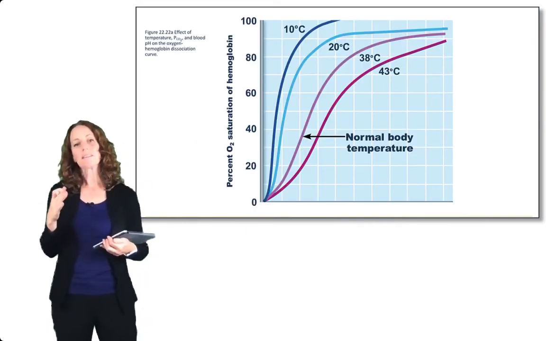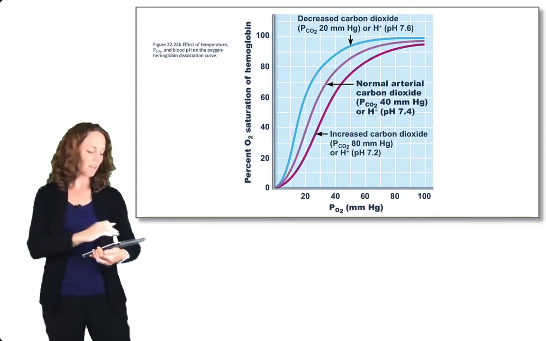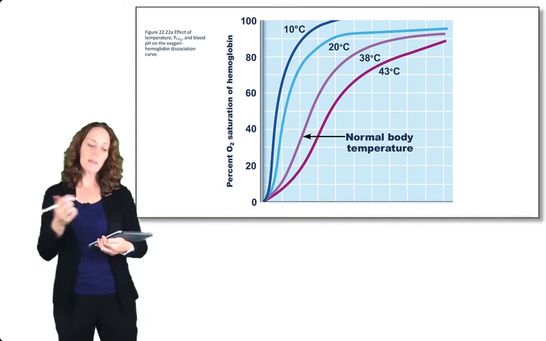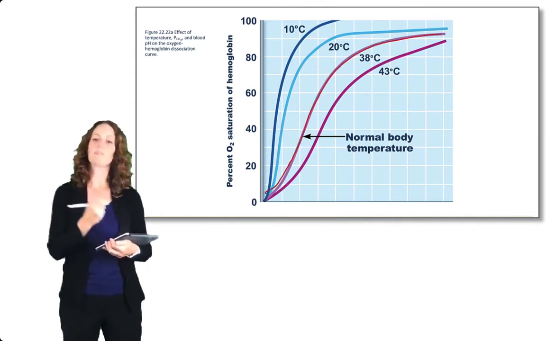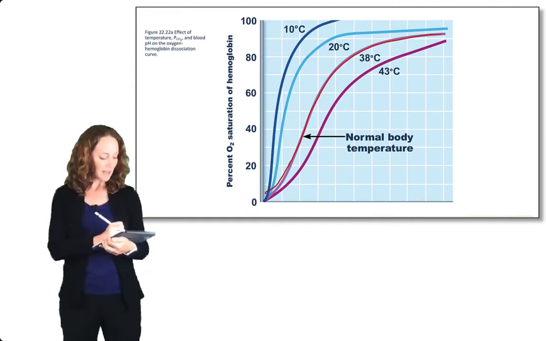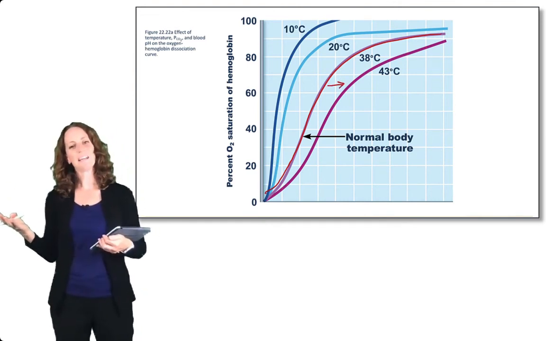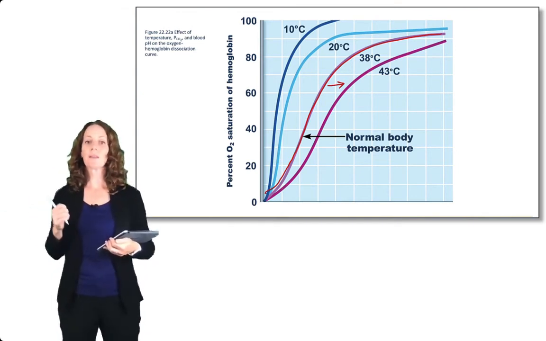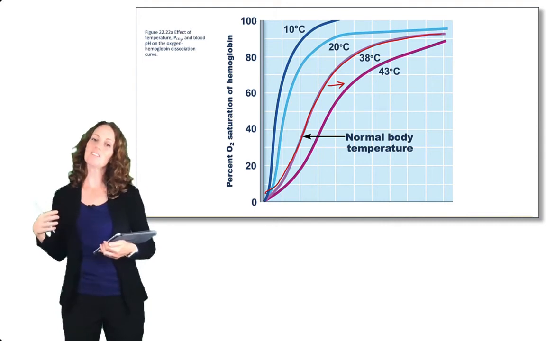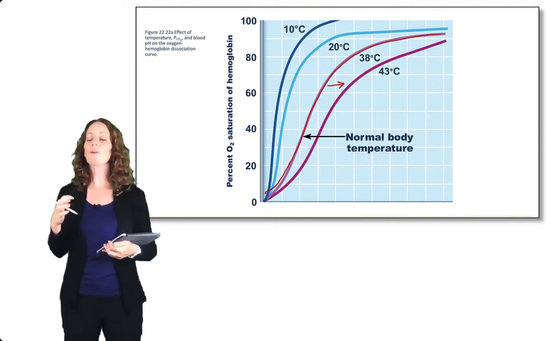Here's some examples of temperature and metabolite regulation. So in our first example, at normal body temperature, we showed you 38 degrees. I just showed you how high temperature shifts the curve over to the right, making more unloading for the same PO2. Low temperature can actually shift the curve to the left, because what do molecules do when they're cold?